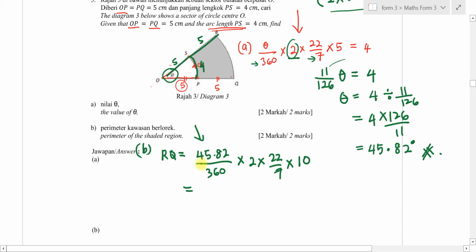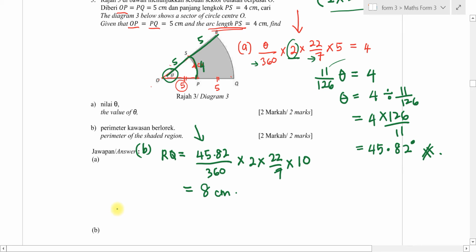Multiply all the numerator first: 45.82 times 2 times 22 times 10. And then divide by bracket 360 times 7. I think you'll get 8, right? 8.0000, so 8. Okay, 8 centimeter.